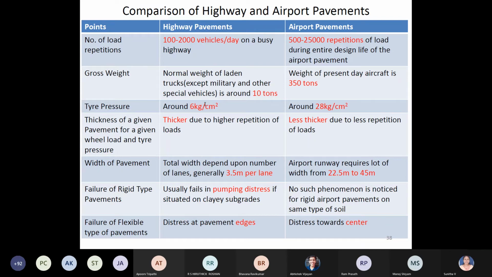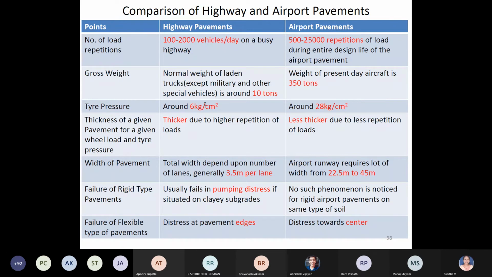So this is the difference between highway and airport pavements. Load repetitions: more vehicles are there in highway pavements, and fewer landings or takeoffs for airport pavement. Gross load: the normal weight of a truck is comparatively lesser than the aircraft weight. Tire pressure is more for airports in the case of aircraft tires.